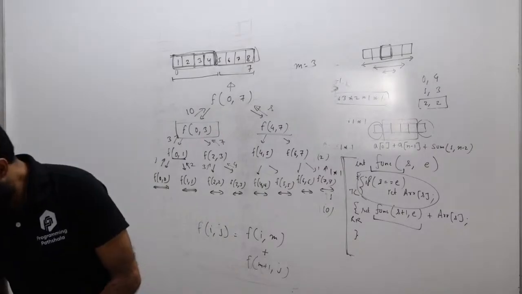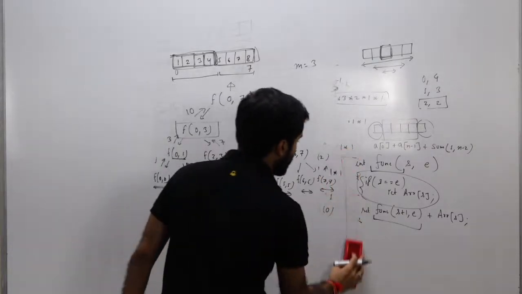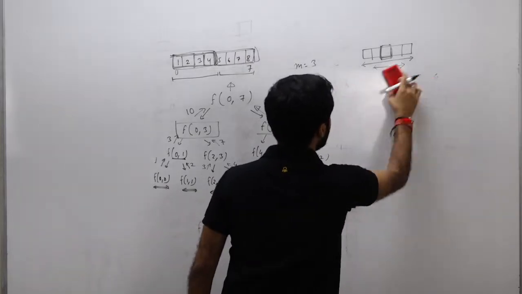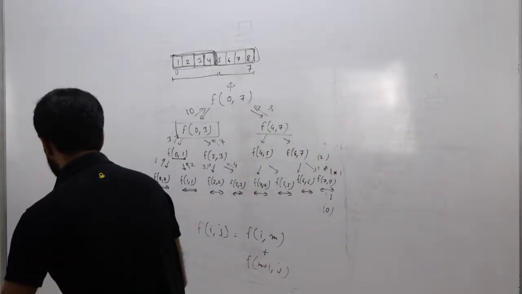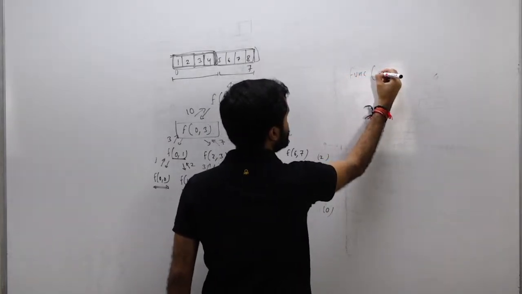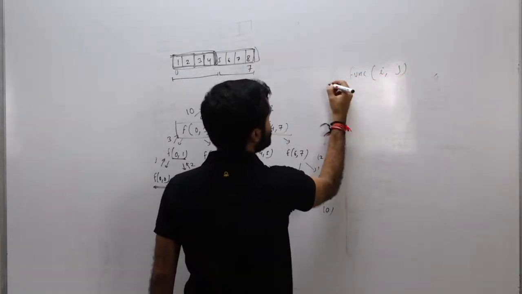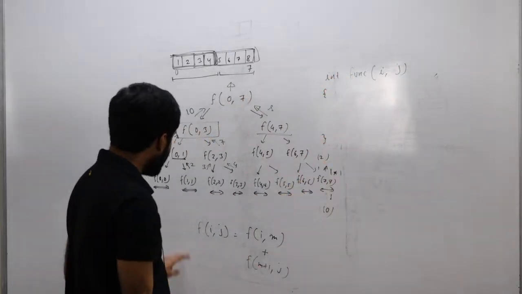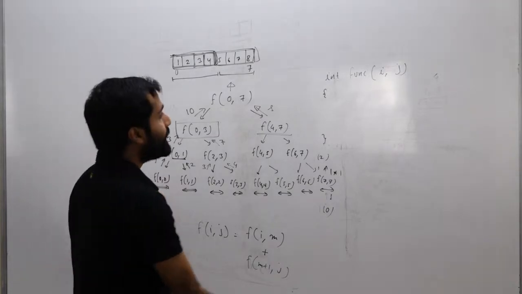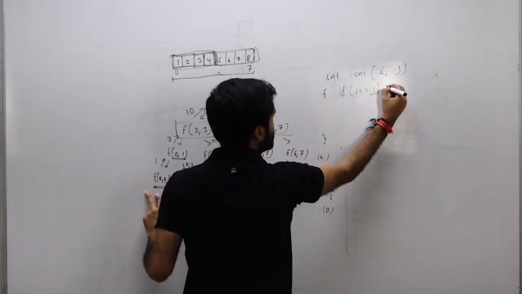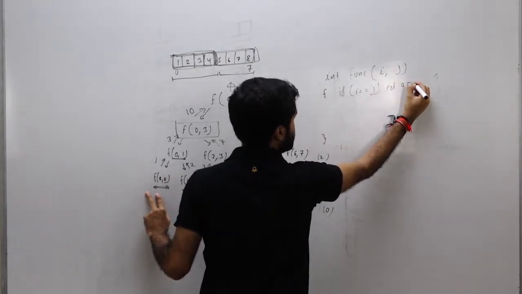So if you go by this, you can actually write the code and it will be super easy. Let's say there is a function func and you want to find the sum from index i to index j. You'd first write your recurrence relation. You'd say that if i and j are equal, simply return a of i.